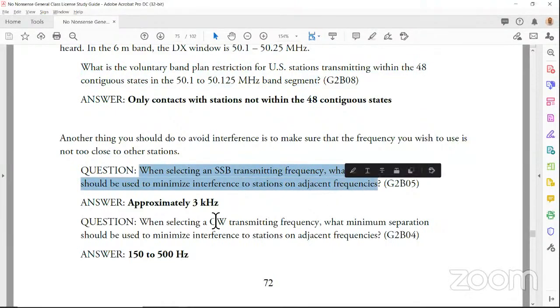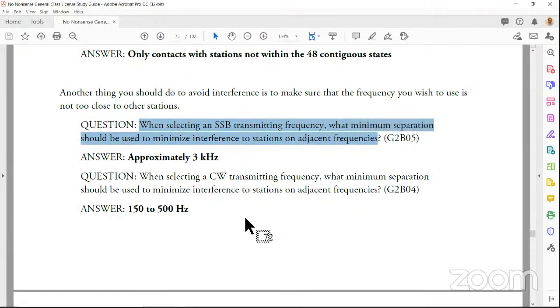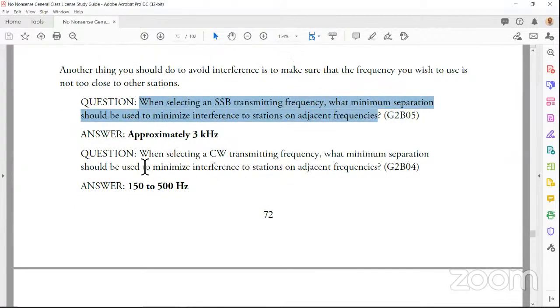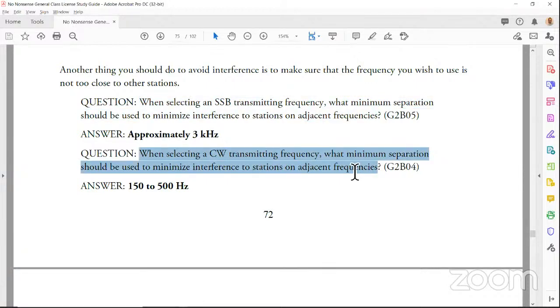Next question. When selecting an SSB transmitting frequency, what minimum separation should be used to minimize interference to stations on adjacent frequencies? I think we learned last class that for SSB, the minimum frequency separation is approximately 3 kilohertz. Related question, the next one up.